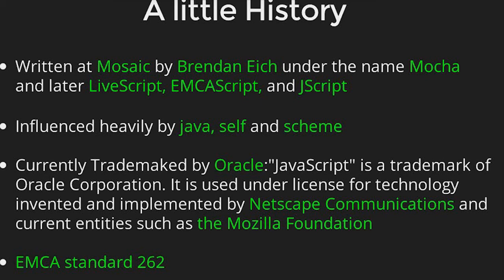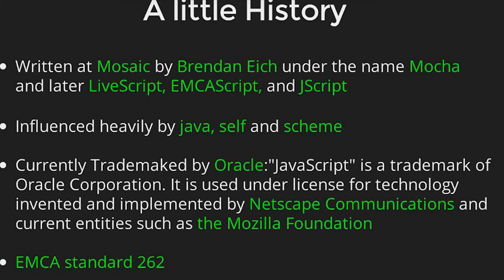And Brendan actually wanted something that was more like Lisp and Scheme and all these other languages, so they kind of had a merry sort of marriage that in the course of 2 weeks conceived a child called JavaScript.